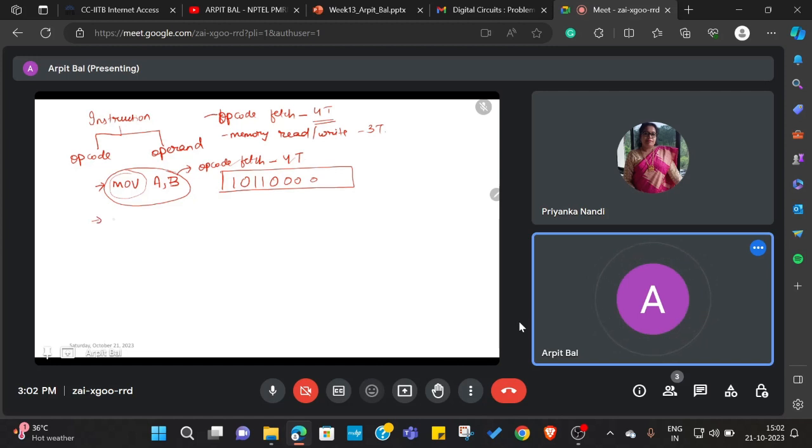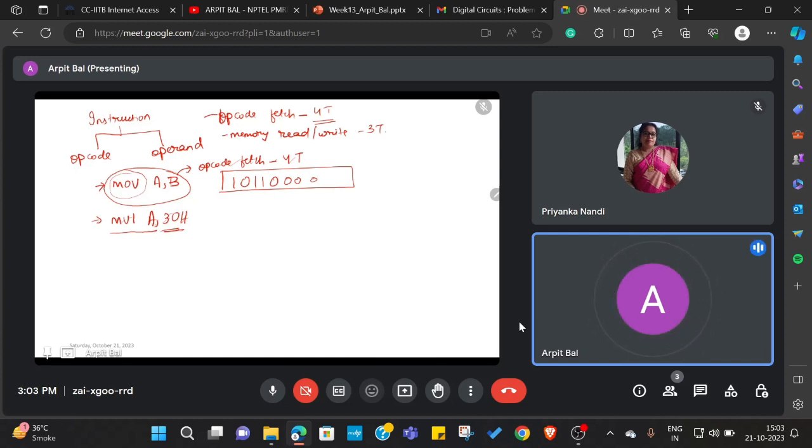But let us say there is an instruction MVI A, 30H. There can't be a particular instruction that includes 30H. 30 is an immediate value. So MVI A will be the opcode and 30 is the operand.